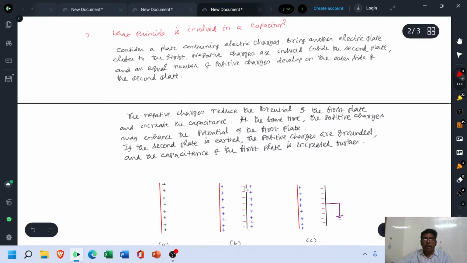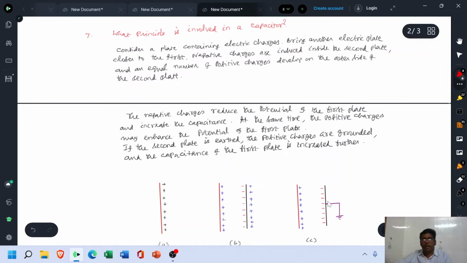Now the negative charges developed inside the second plate reduce the potential of the first plate. At the same time, the positive charges may increase the potential of the first plate.